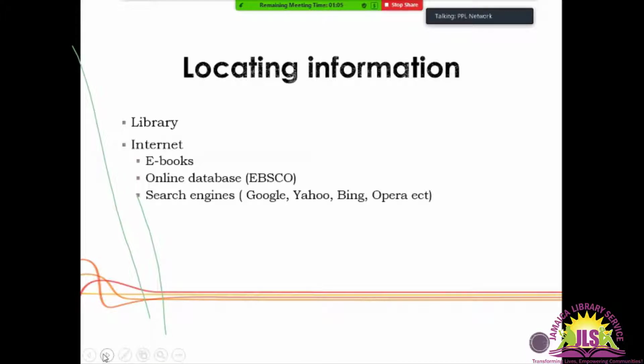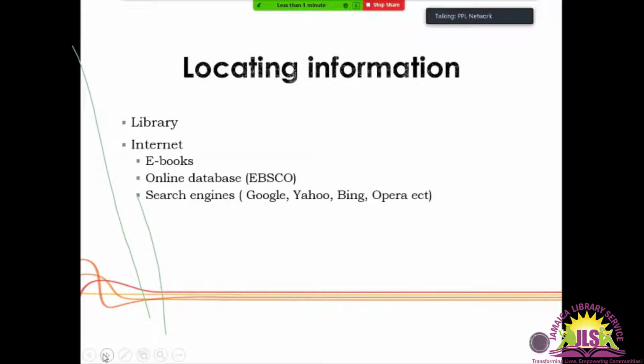Locating information. This can be done in several ways because how you find information in the library is going to be a bit different from how you find information on the internet. Today we won't be focusing on finding information in the library, just on the internet. So on the internet you can find ebooks.